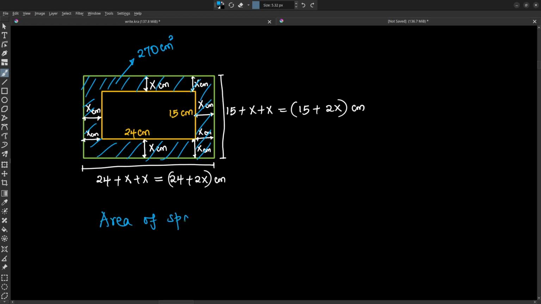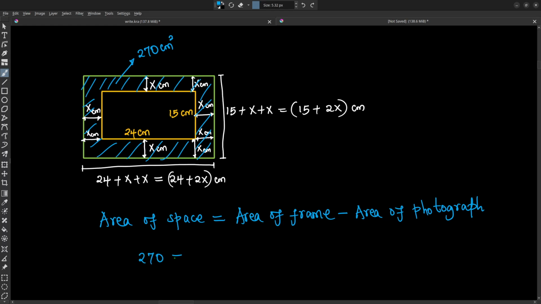So we write that area of space will be equal to area of the frame minus area of the photograph. What is the area of the space? That's 270. And this is equal to, how would we get the area of the frame?